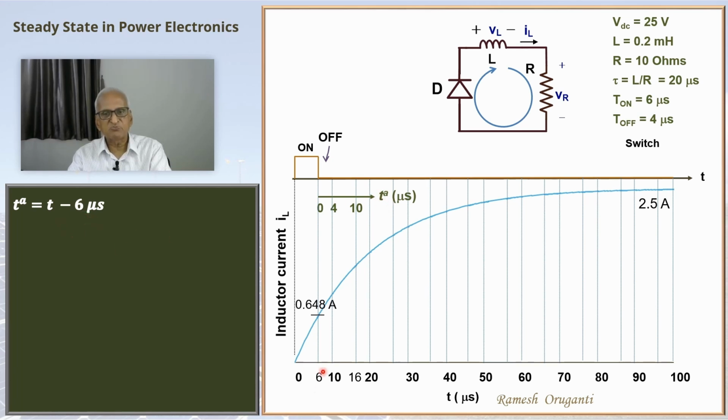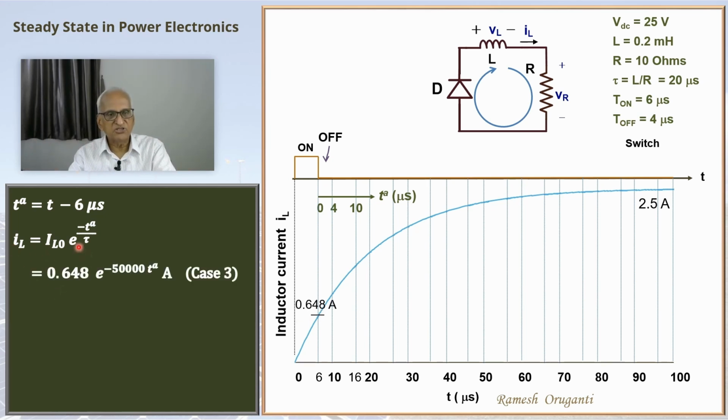When t equal to 6 microseconds, TA is 0. So the same equations that we derived earlier will apply here. Only thing is I will use TA. So this equation now is in terms of the time variable TA. That's about all. So IL is IL0, the initial current at TA equal to 0, which is 0.648 amperes. Essentially, the decaying curve, I'm just pushing it by 6 microseconds.